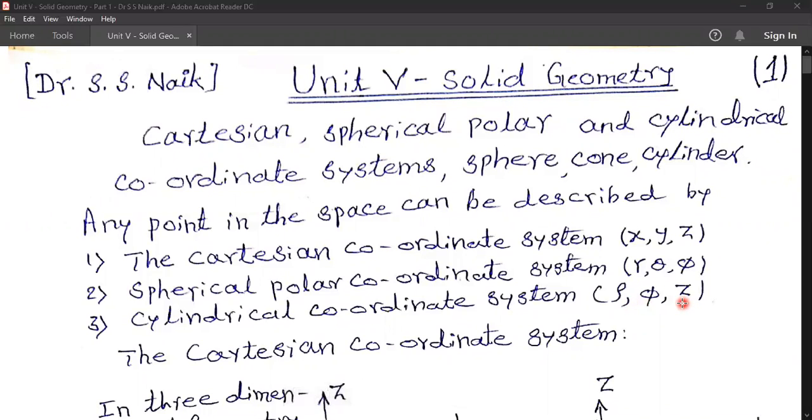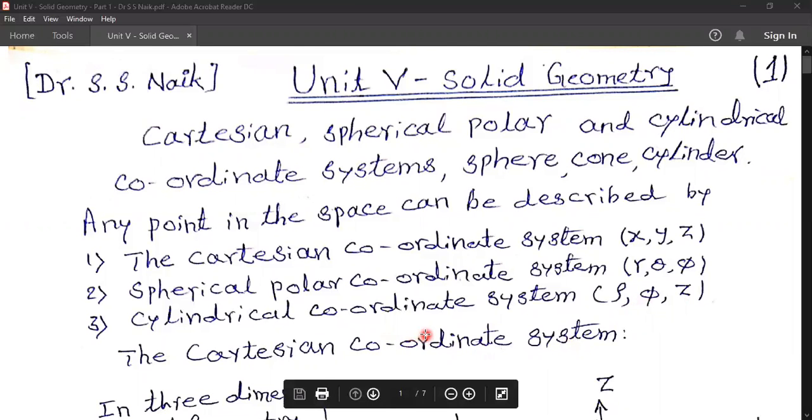That means any point in space can be described by these three coordinate systems. The first is the Cartesian coordinate system, the second is the spherical polar coordinate system, and the third is the cylindrical coordinate system. Then we'll see these systems step by step and the relation between them.